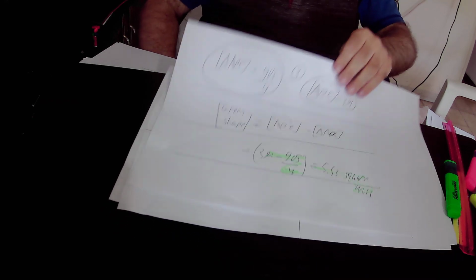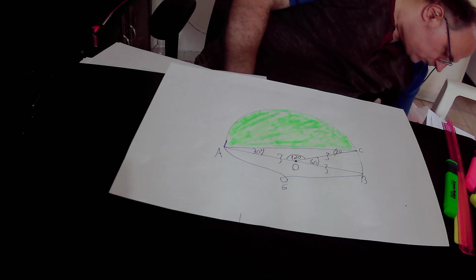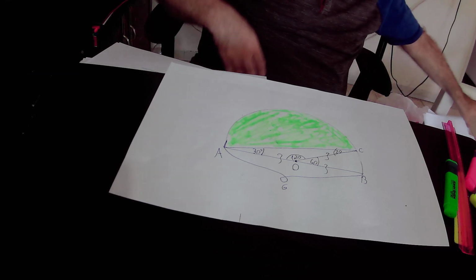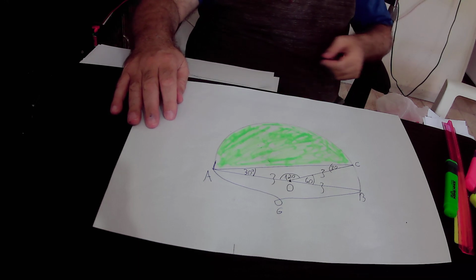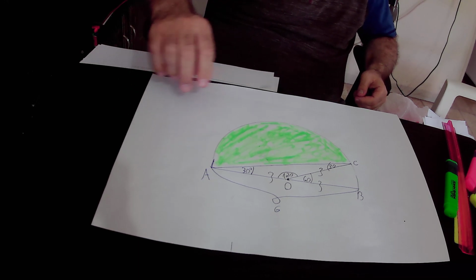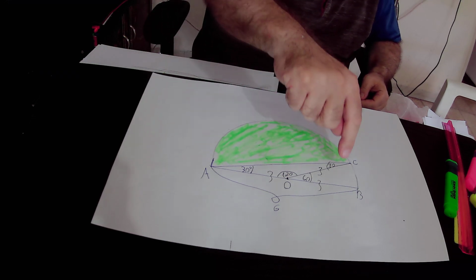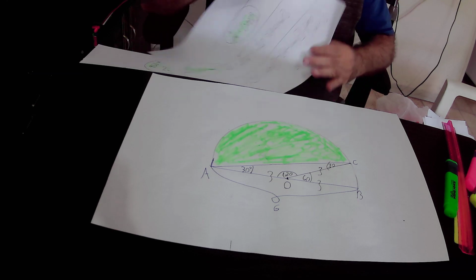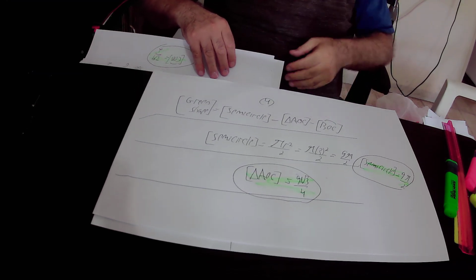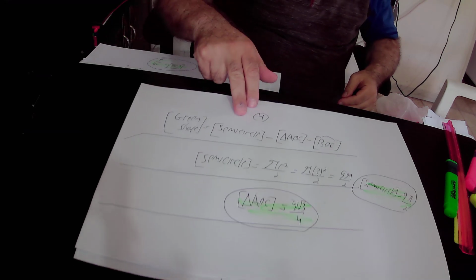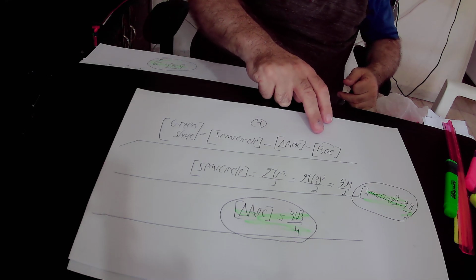We finished with the first method, then I presented to you how to find out the area of this green shape according to the second method. According to the second method, the area of this green shape equals the area of the semicircle minus the area of triangle AOC minus the area of sector BOC.